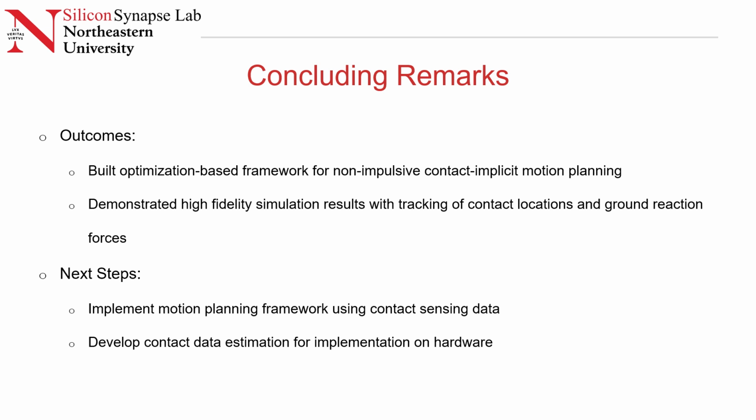So using the simulation, we can build a model that we can validate and test the controls for. So the next step will be to implement this motion planning framework using contact sensing data, first with simulation, and then eventually on the real hardware.